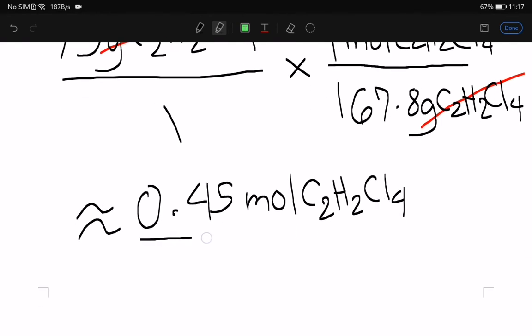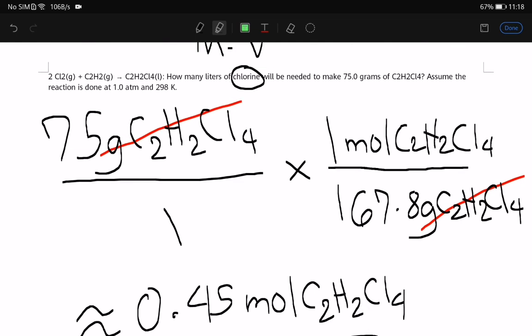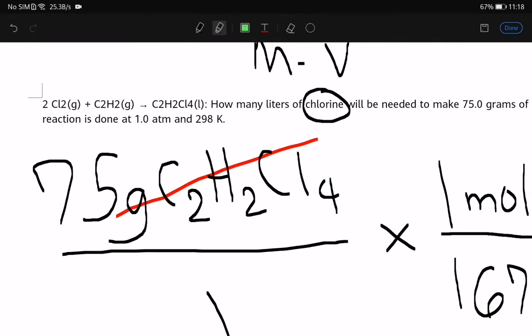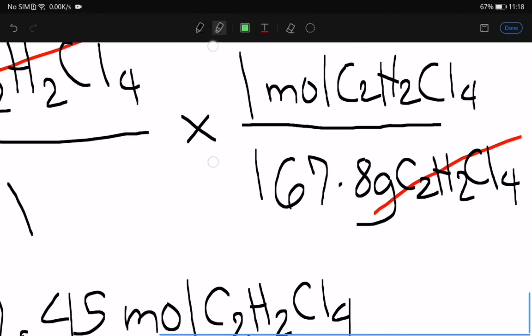Let's look at the ratio. For every 1 mole of tetrachloroethane, there are 2 moles of chlorine gas.